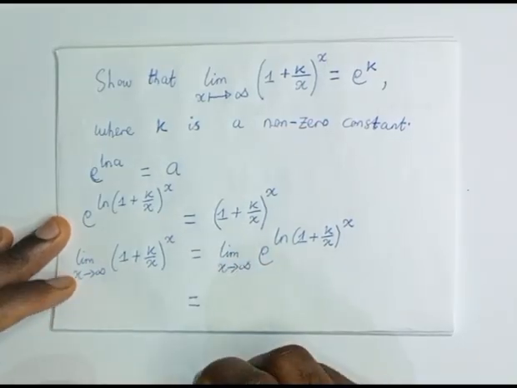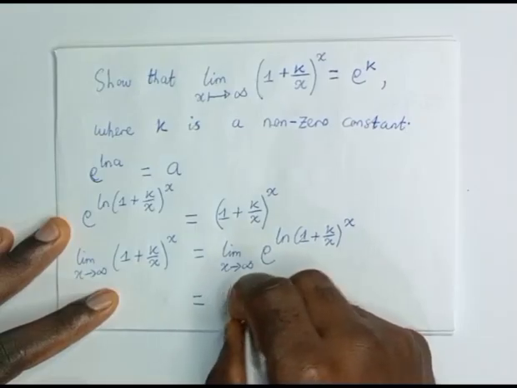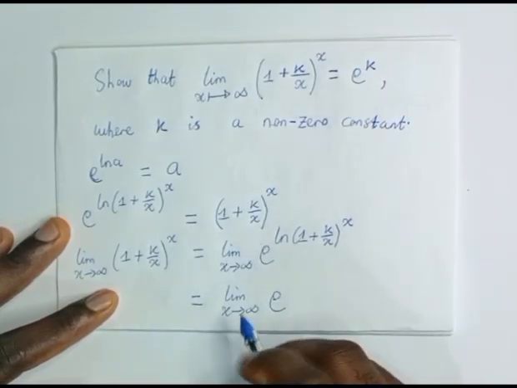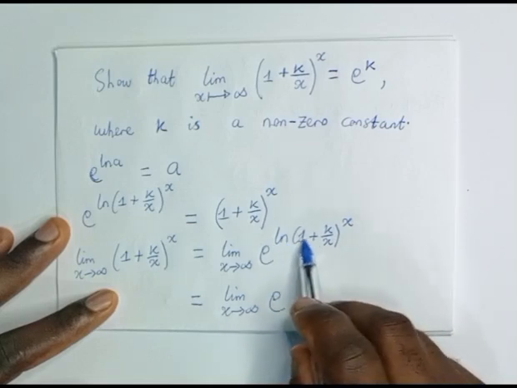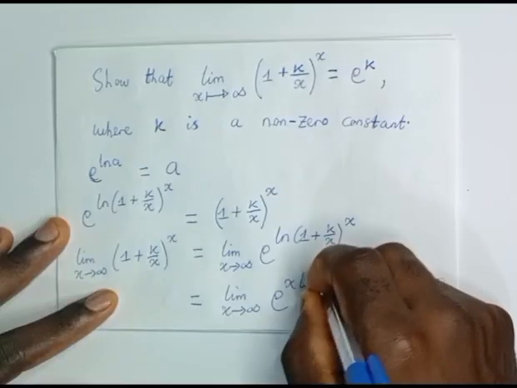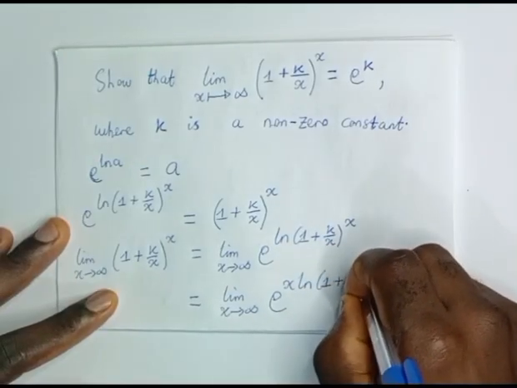This will simply be equal to the limit as x tends to infinity of e raised to the power, applying the law of power, x ln(1 plus k over x).